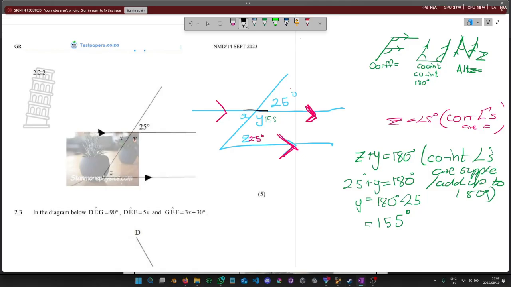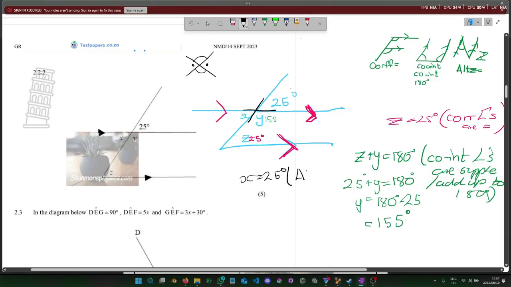We could notice that this here forms an X. And we know that this and this one are equal, and this one are equal, right? So we can say x is equal to 25 degrees. Why? Because of vertically opposite angles.